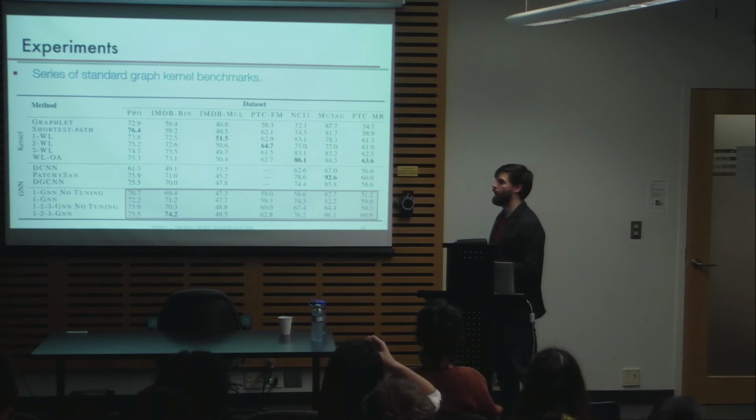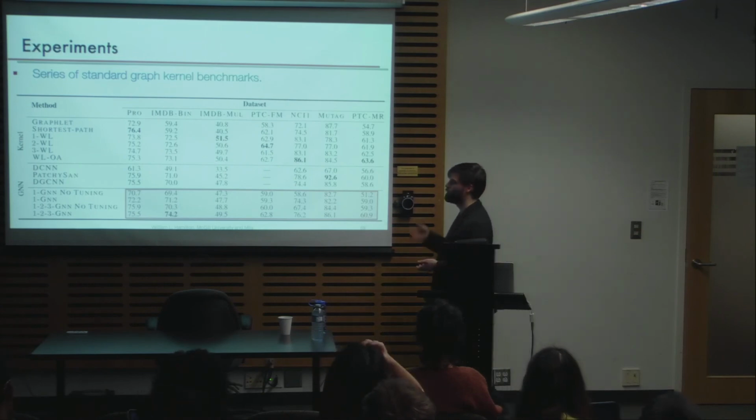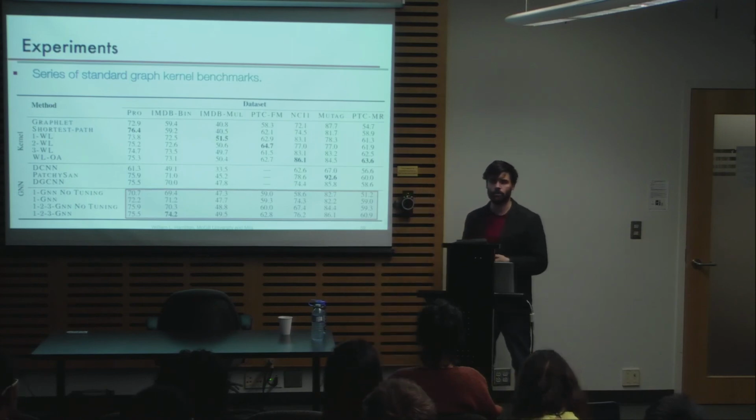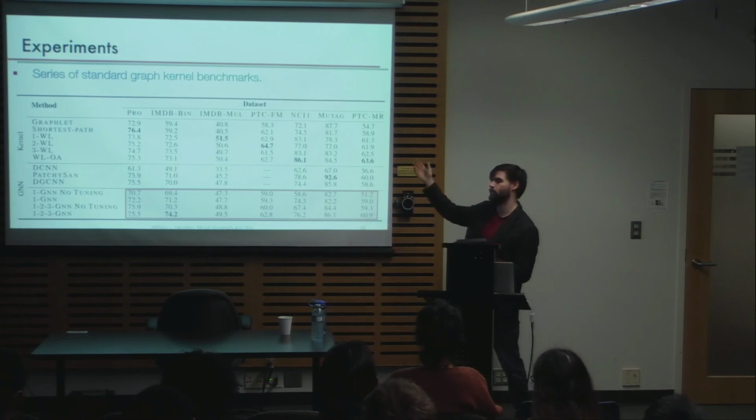And I know that in practice, graph neural nets do provide a benefit in many instances, especially where you have really complicated continuous node features, and then you can't even use these graph kernels. And also when you have really interesting continuous node features, the gain you get from tuning gets higher and higher.